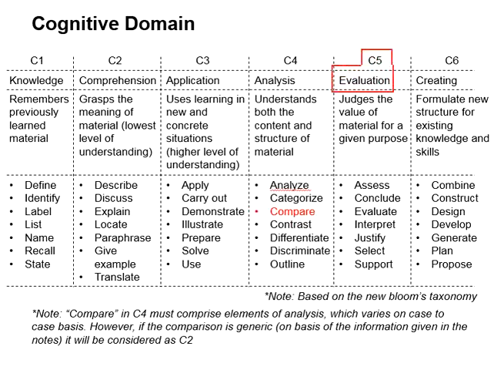C5 is about evaluation, which involves judgments and decisions. As for C6, it involves formulating something new. This includes designing, developing, and so on.